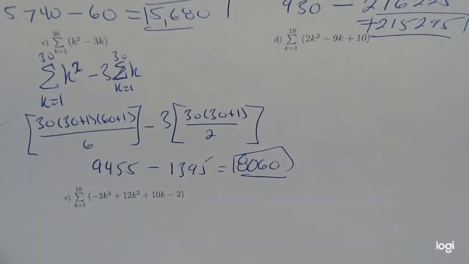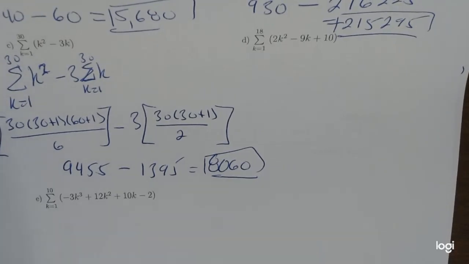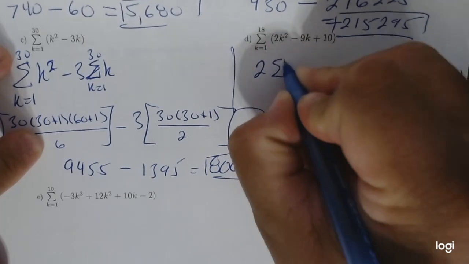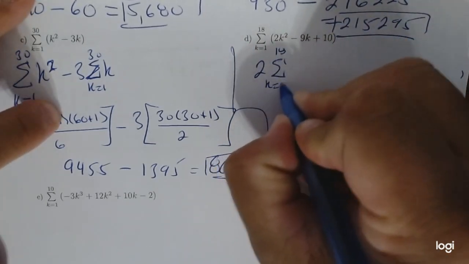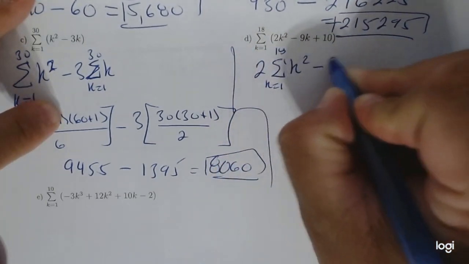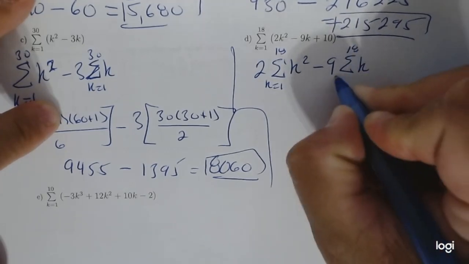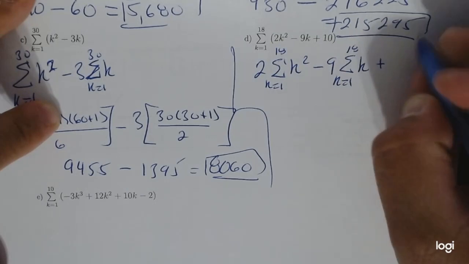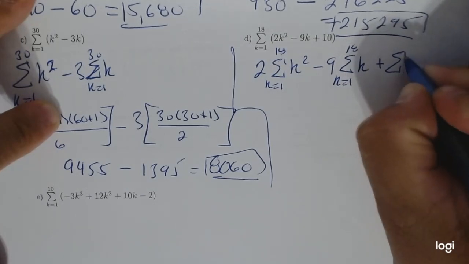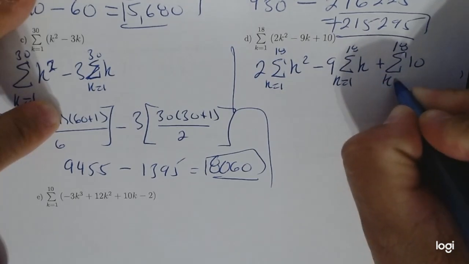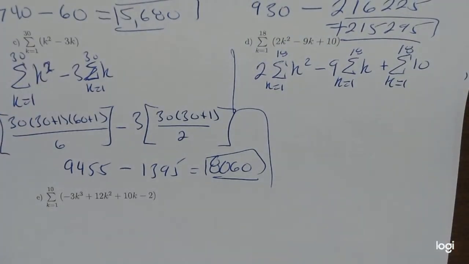Okay, hopefully you guys got that for C. And then D, we have to do a couple more things. This is a triple one. Just don't forget about the 10. It's not just 10, it's still in the sequence itself.